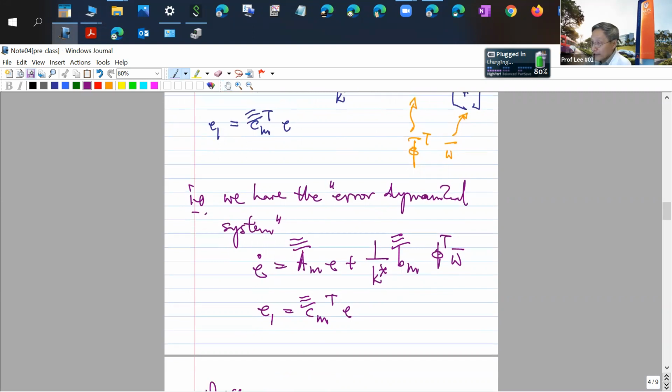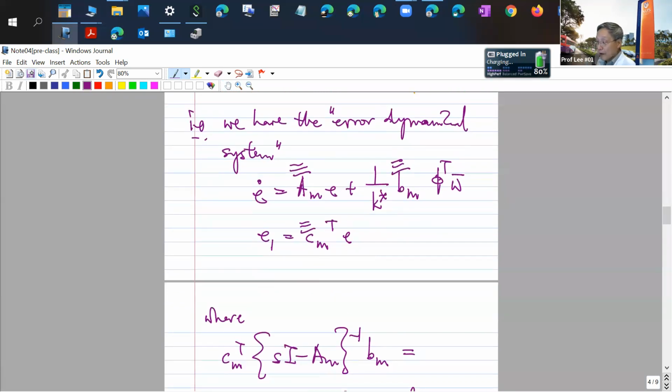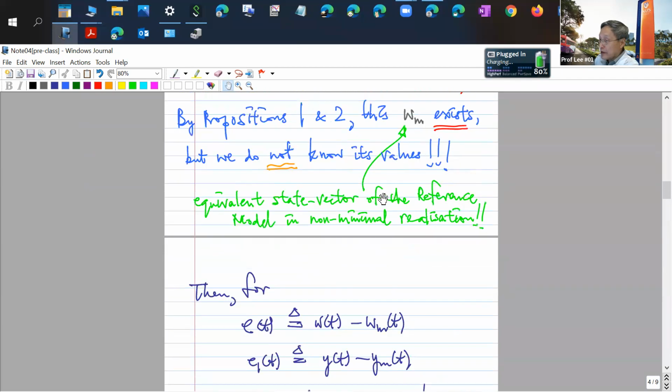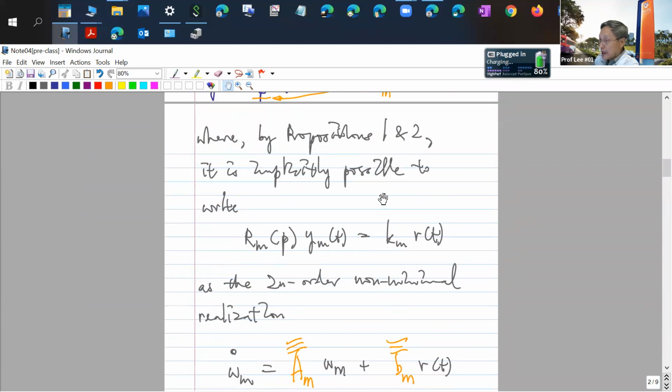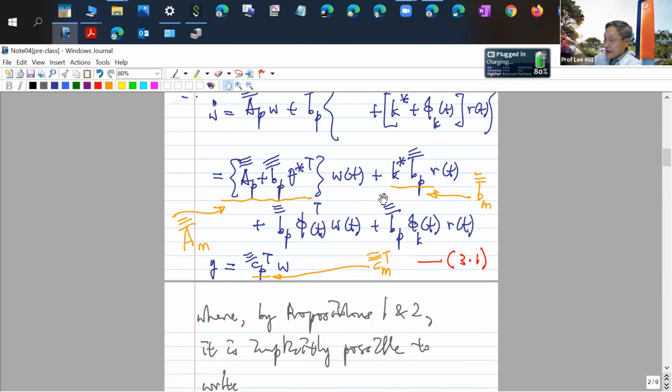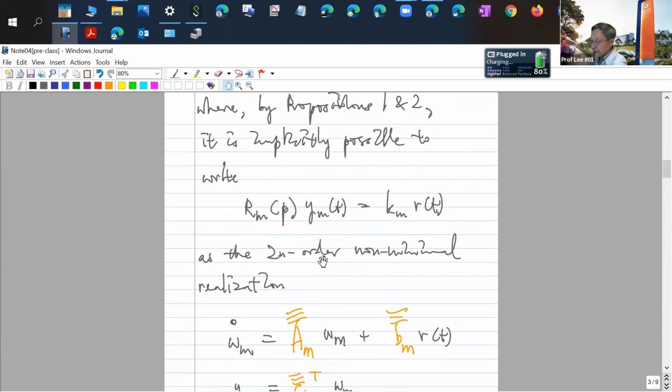And even more than that, from propositions 1 and 2, and from what we had developed, we also know that this set of matrices, remember, they're coming from the perfect set of gains, AM triple bar, BM triple bar, and CM triple bar.